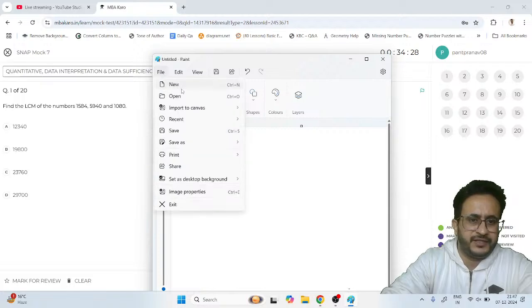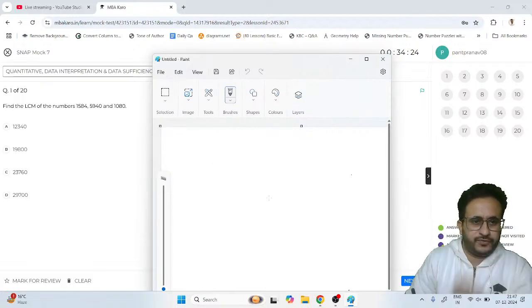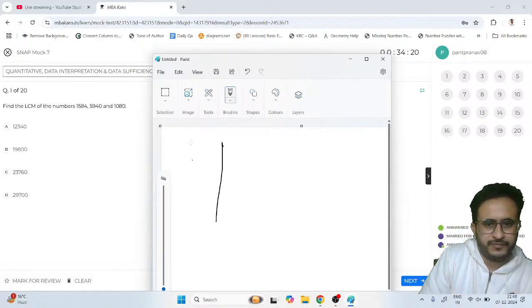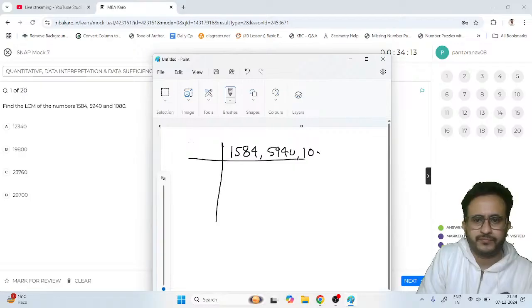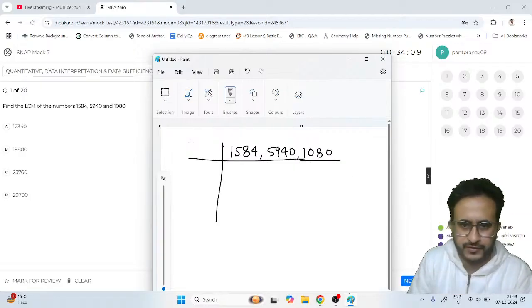The LCM of numbers 1584, 5940 and 1080. Okay, 1584, 5940, 1080. Everything will divide by 4. We will divide by 4.